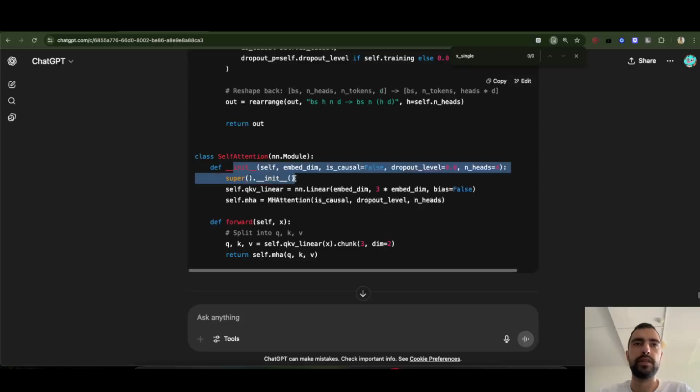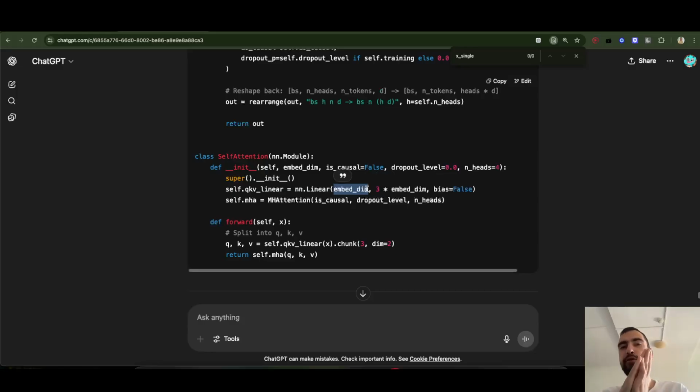Same stuff at the top. And then we have this query key value linear layer, which is just going to be a linear layer from embedding dimension to 3 times embedding dimension, because we want to have a query, key, and value. And each of those will have embedding dimension.